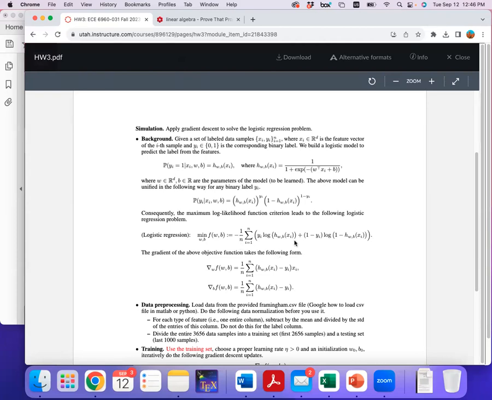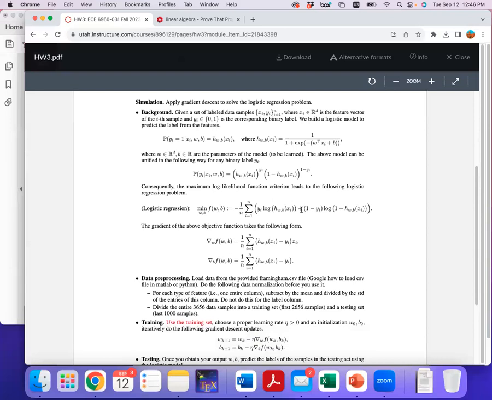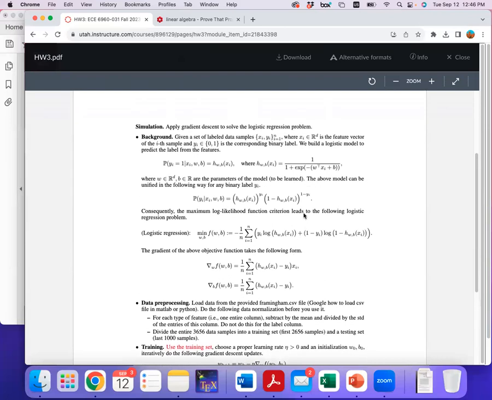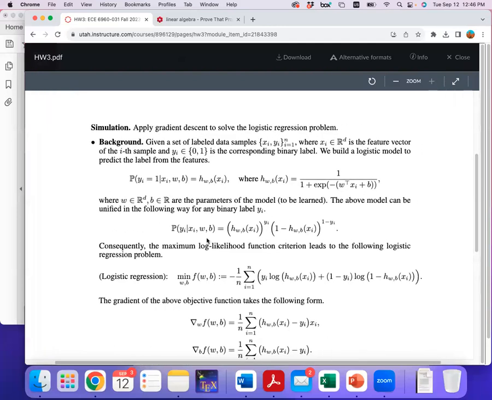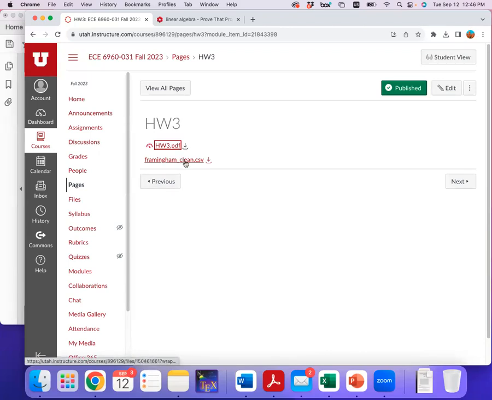This is the cross entropy loss. Now, you will see a data sample. This is the data sample that we will use, Framingham clean.csv. This CSV file is basically like an Excel file. If you open it, you will see.